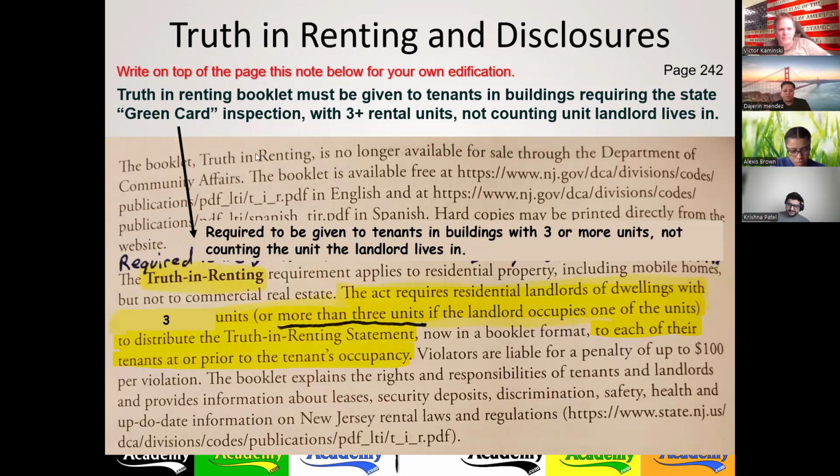So after the second paragraph on page 242, I just highlighted Truth in Renting, and I wrote the word required above it. Well, I wrote required to be given to tenants in buildings with 3 units or more, not counting the unit the landlord lives in.